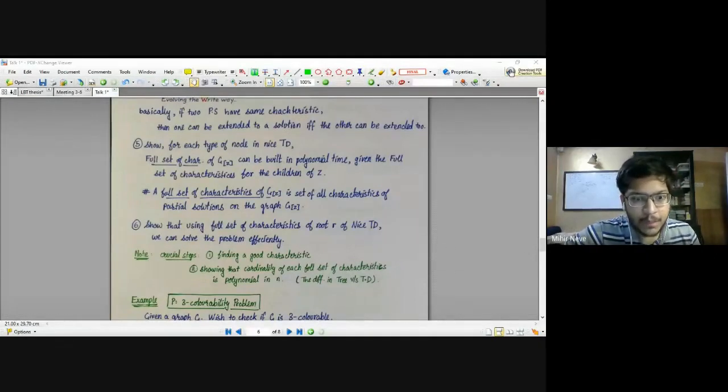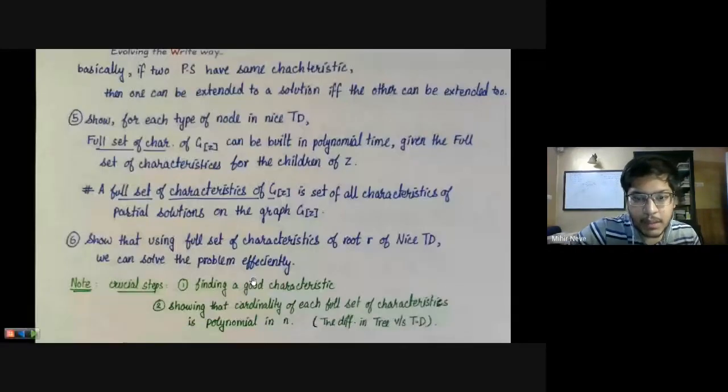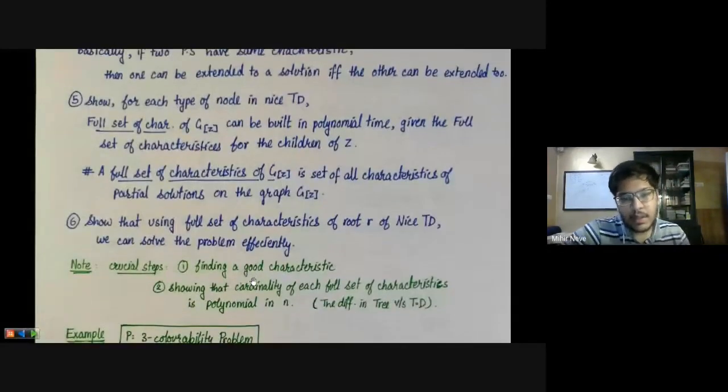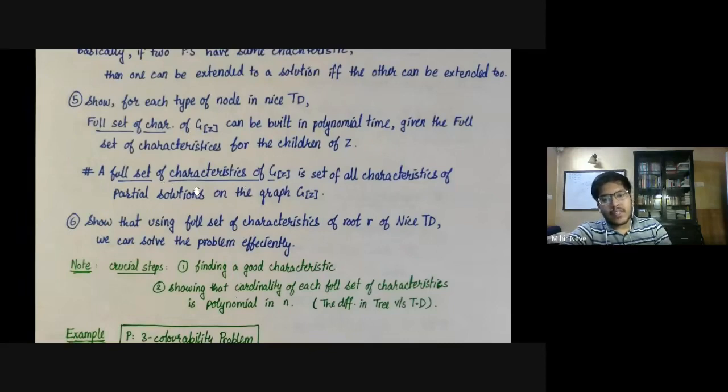Good. So you see, in this entire process there are two important steps. One is finding a good characteristic, because the entire thing depends on characteristics. And the second step would be that you want to show that for every terminal node, the full set of characteristics is some polynomial of n. Well, if it is not a polynomial of n, then all our efforts are wasted, right?